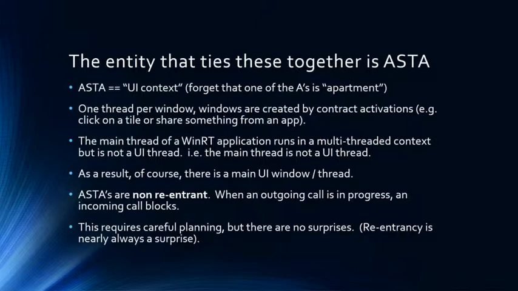So there's a main and a thing. But this is a detail you don't have to worry about. There's still a main UI thread in these apps. These OSTAs are non-reentrant, which means an outgoing call is progress and an incoming call blocks. And so if you're making background work, it's very, very important that you either deal with the fact that if you call straight into a UI object in WinRT that it may block, or you should dispatch work to it.